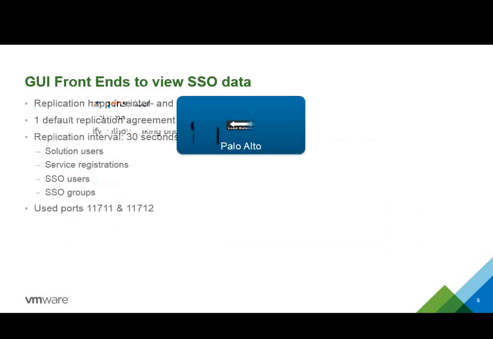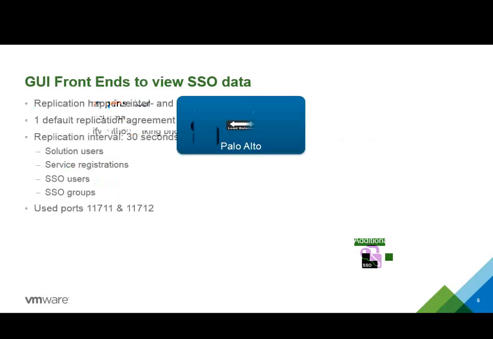Depending on which site we are choosing, we will get the replication agreement. In this example, we are choosing Cork. So what does this mean now? If Cork is completely down, we will not have any replication going forward between Palo Alto and Munich. Once Cork comes up again, replication will work just fine.